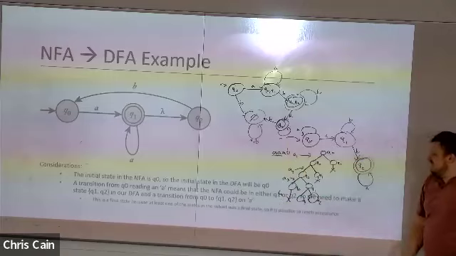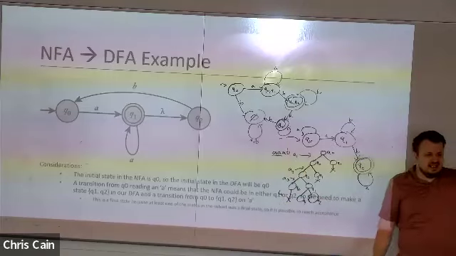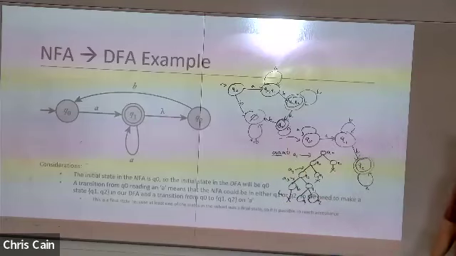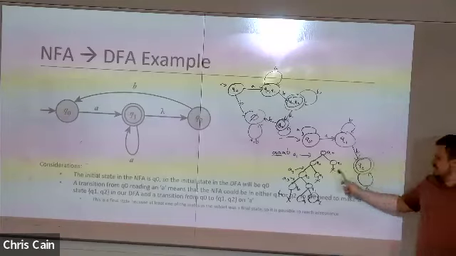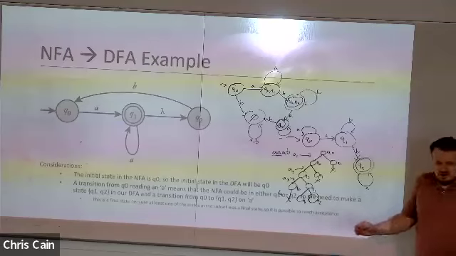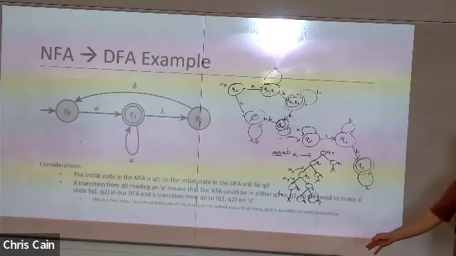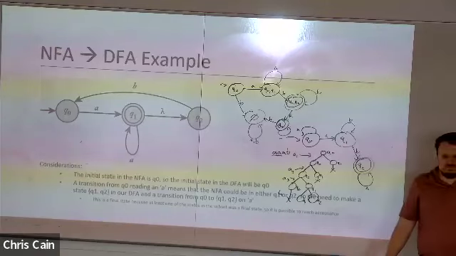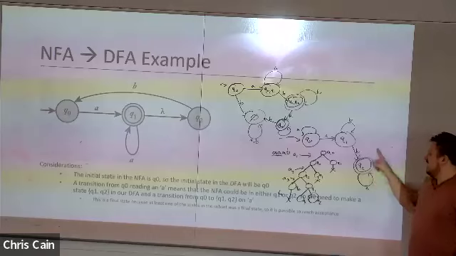In this NFA, if you're in Q0 and read an A, you don't know what state you're in. You're in either Q0 or Q1. And if you're in a deterministic world, you have to try to figure out, am I in 0 or 1 at this particular point? Non-deterministically, it's just if it's possible to reach a final state, which allows us to make much simpler diagrams that represent the same language.